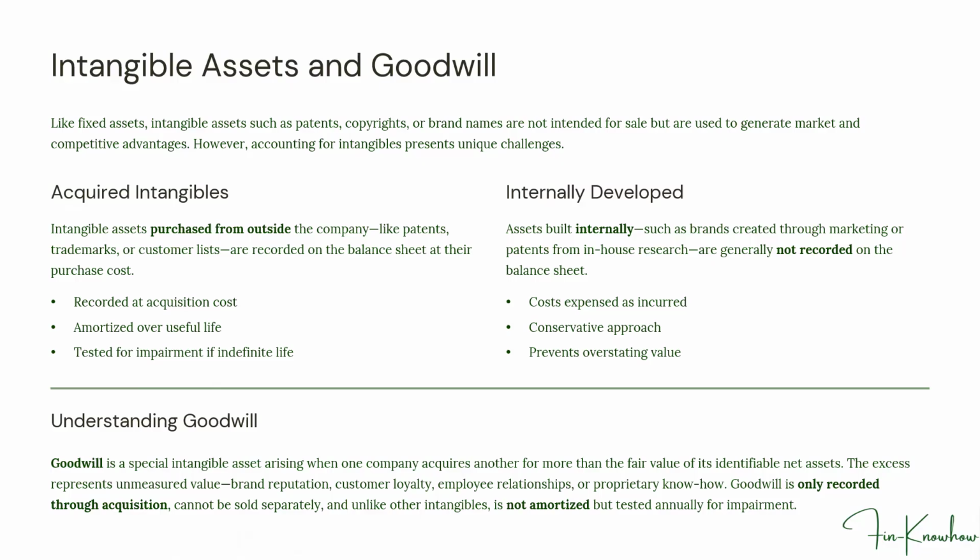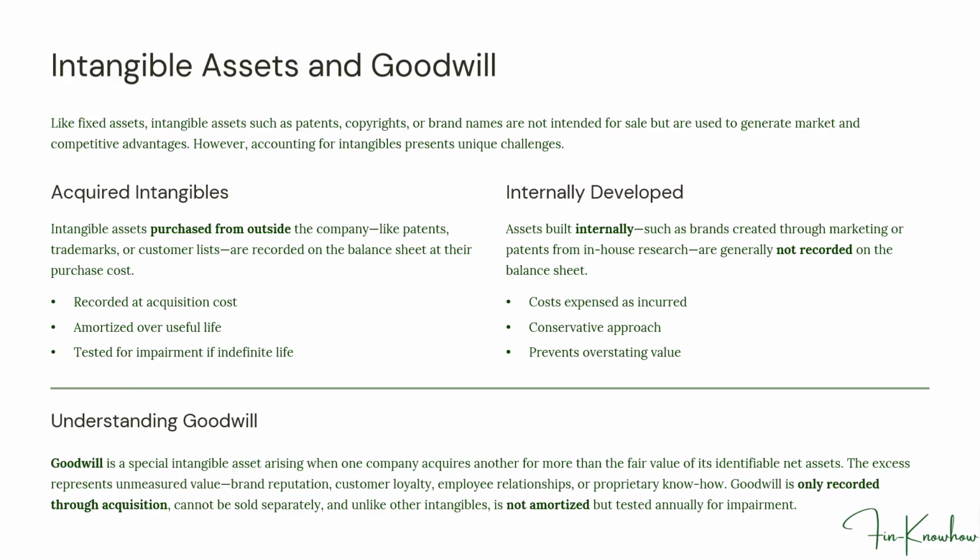What happens is that accountants will regularly check if the goodwill amount recorded on the books of the company is still accurate. So for instance, if an acquired business does not perform as well as expected, the value of the goodwill may have to be written down.